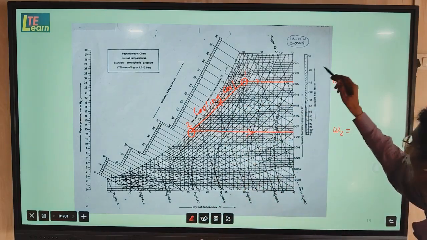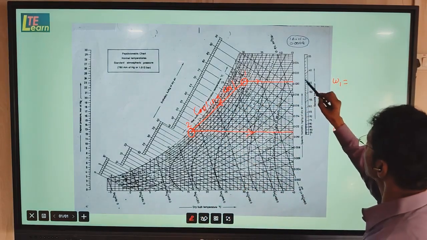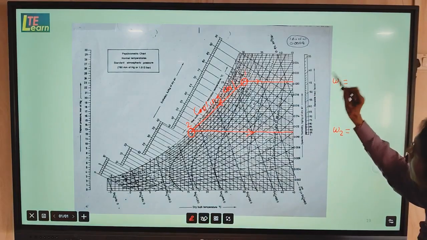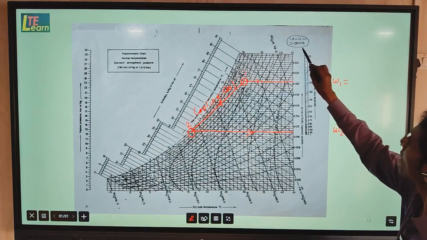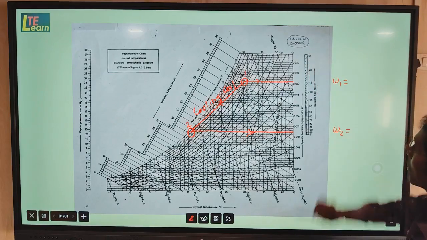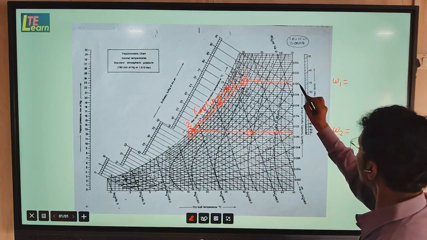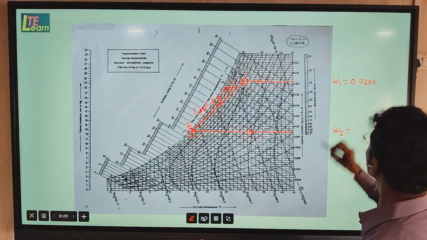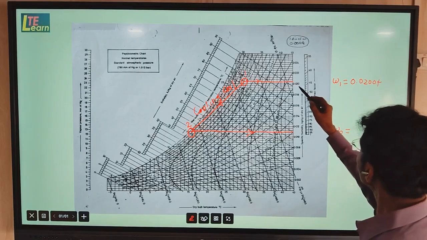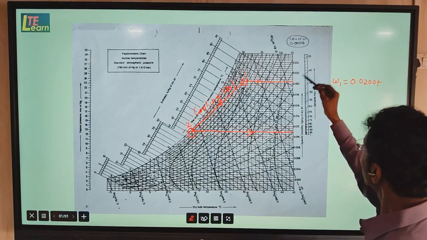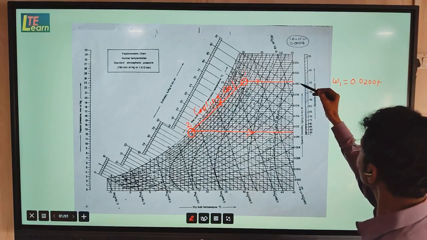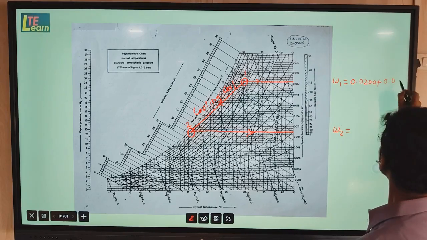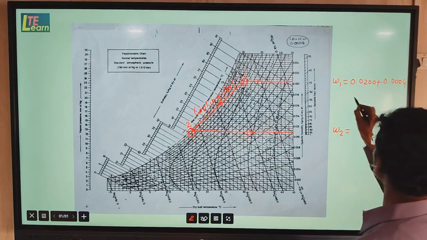Now here is a scale provided, how to calculate or obtain. So here if you see, there are small divisions. Value of one small division is 0.0004. So here the reference is 0.020, and next to this 0.020 by division 1, means we have to add this division 1 value.